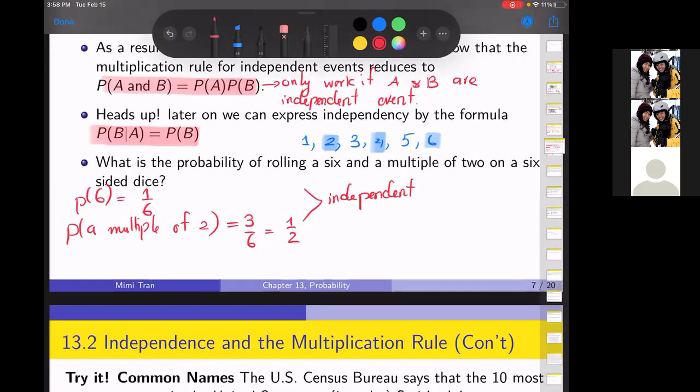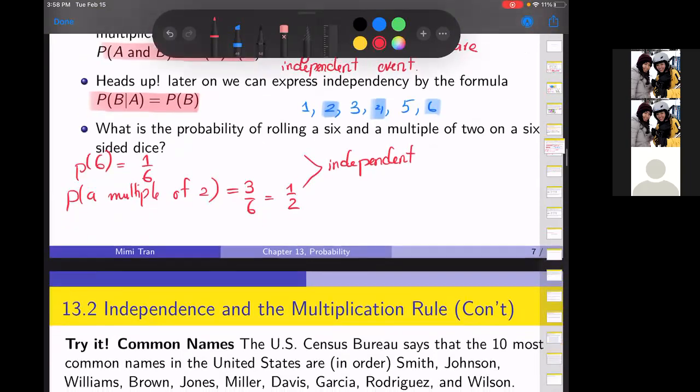Now I want to know the probability of rolling a 6 and a multiple of 2. So this implies I can use P of 6 and a multiple of 2 is equal to... I'll maybe go down here.